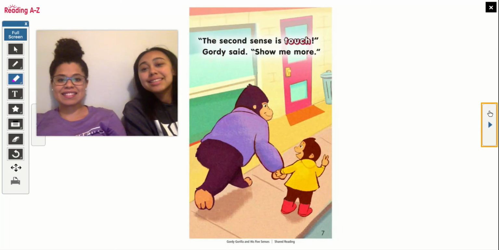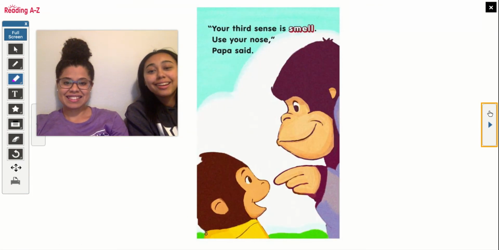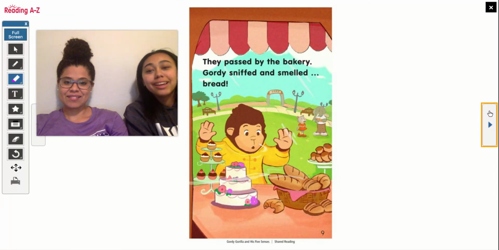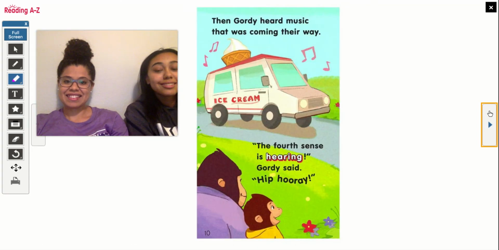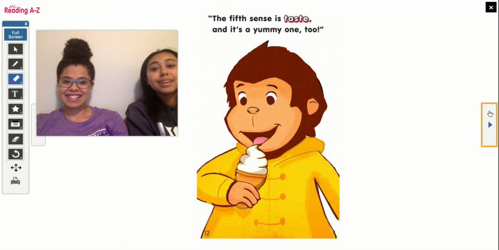"The second sense is touch," Gordy said. "Show me more." "Your third sense is smell. Use your nose," Papa said. They passed by the bakery. Gordy sniffed and smelled bread. Then Gordy heard music that was coming their way. "The fourth sense is hearing," Gordy said. "Hip hooray!" "Now I know the fifth sense," Gordy said. "Here's my clue. The fifth sense is taste, and it's a yummy one too."